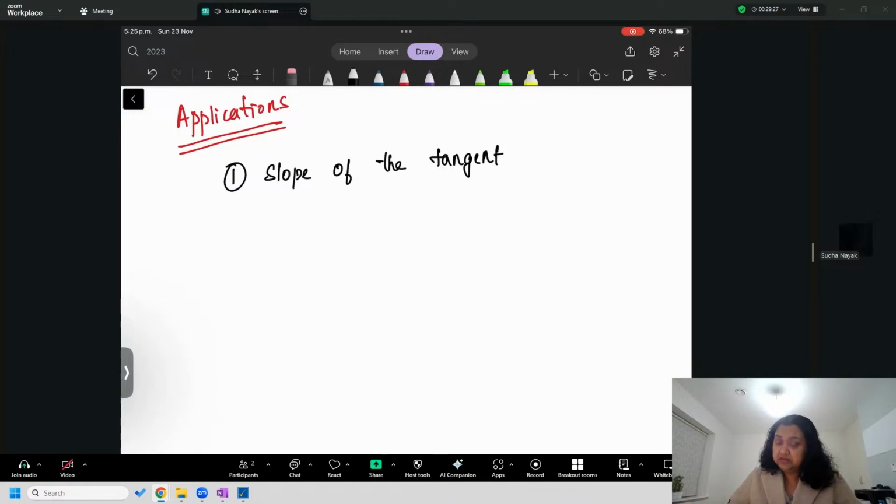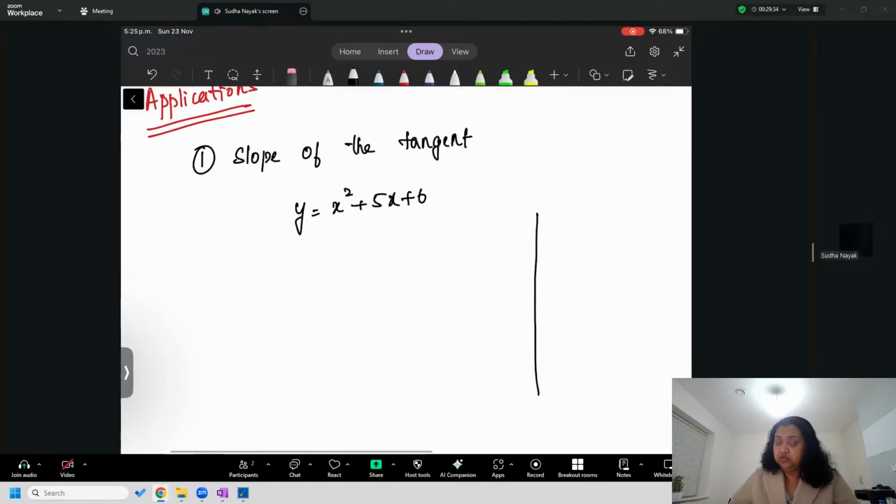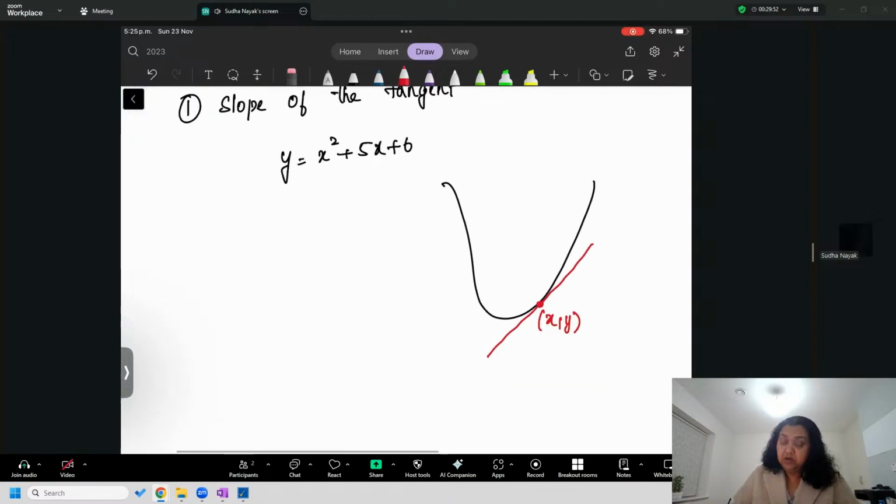What it means is, suppose you have an equation like x square plus 5x plus 6 or something like that, and I'm going to draw the graph of this. So maybe this is the graph of x square plus 5x plus 6. Now I'm going to draw a tangent to this curve at a particular point, x1 y1.